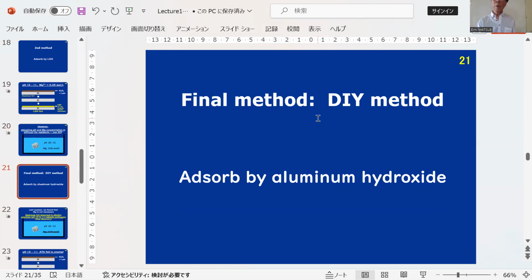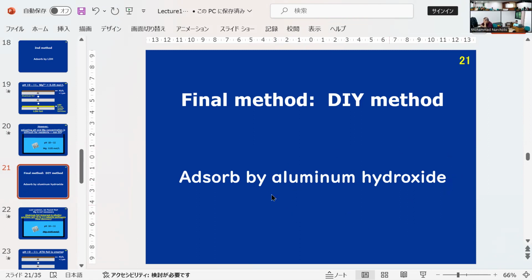A final method, a very easy method. DIY means very easy, using no special material. Absorption by aluminum hydroxide, Al(OH)3. Do you know aluminum hydroxide?